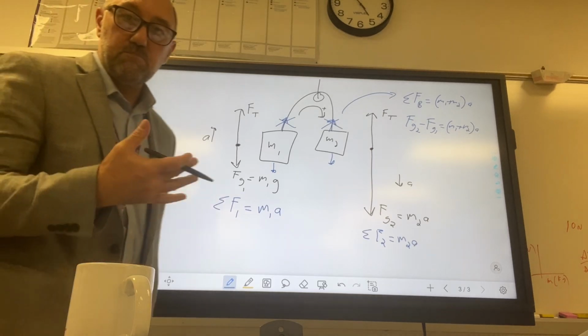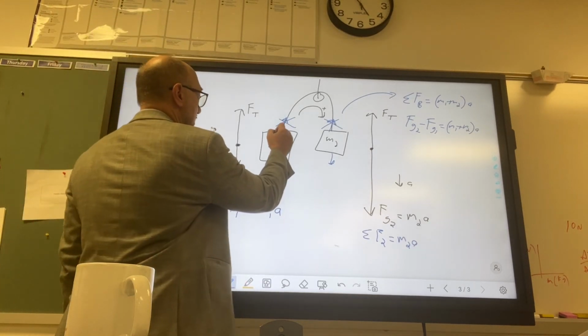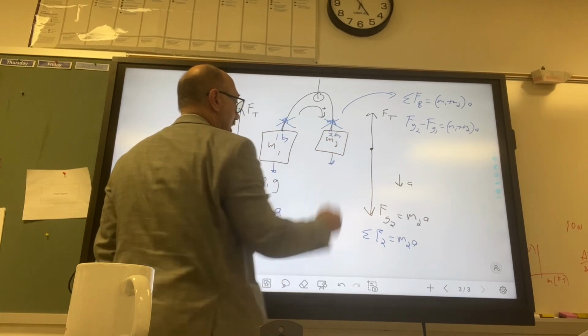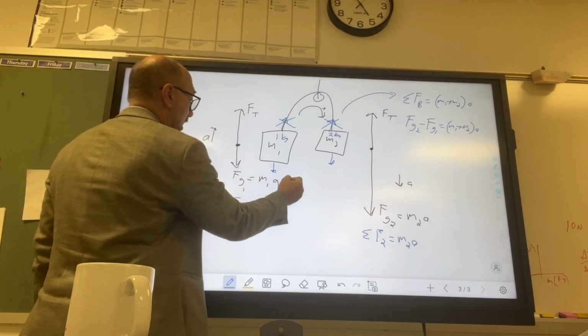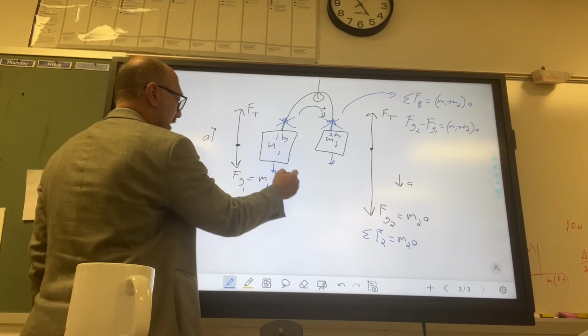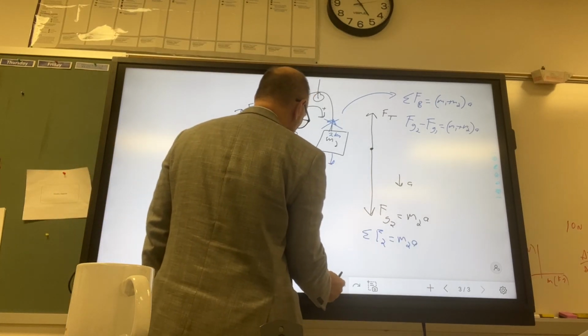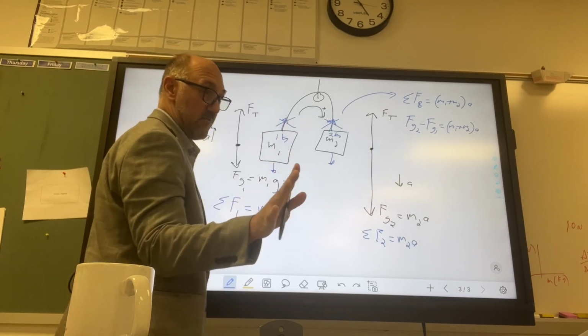So let's put some numbers in and see if this makes sense. Let's put in simple numbers. Let's say he's 1 kilogram, and let's say he's 2 kilograms. If that's the case, then what's this guy's weight? Well, he's going to be 1 times 9.8. Actually, just for the sake of argument, so this goes a little faster, let's use 10 for gravity.